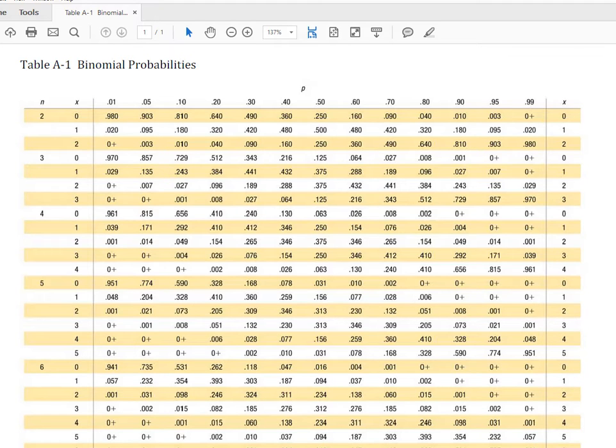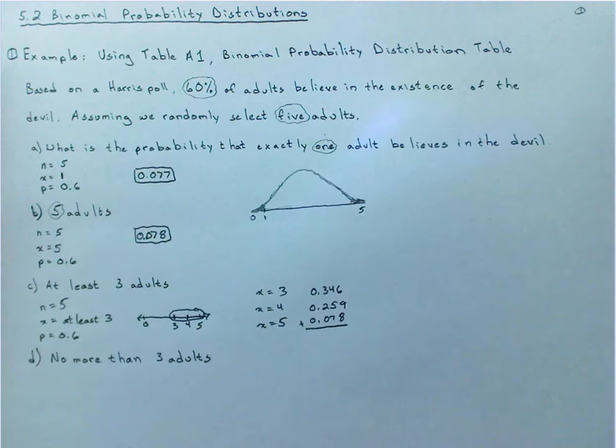I corrected my error up here where I wrote 0.78; it's 0.078, sorry.